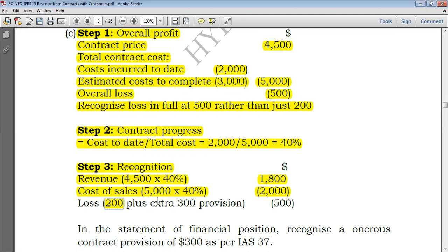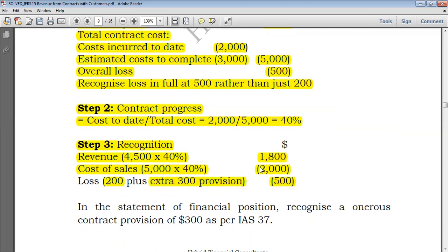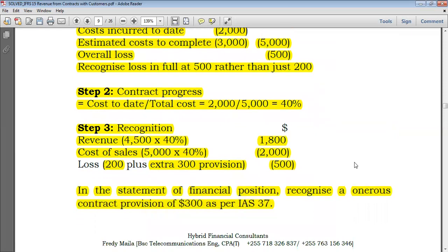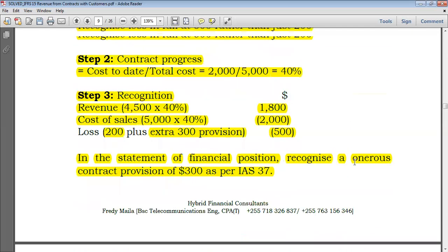So we have to add an extra loss of 300 and we take it to the provision, giving you a total loss of 500. That's why we say, in the statement of financial position, you have to recognize an onerous contract provision of 300 as per IAS 37. So you have to be very careful when dealing with these situations.